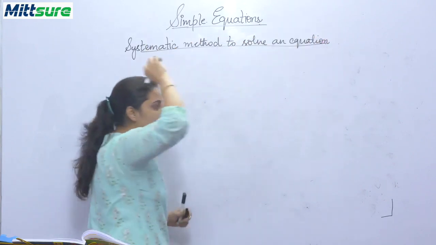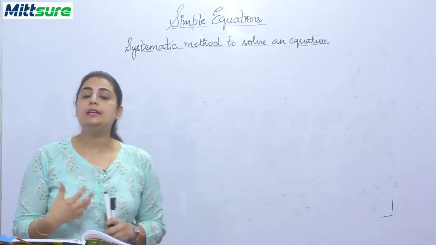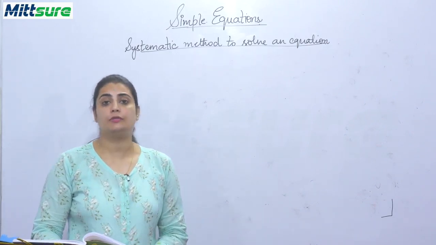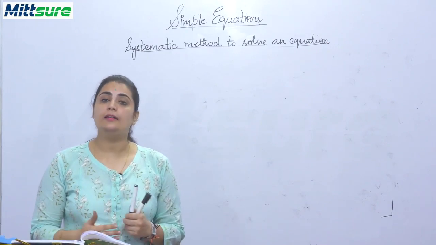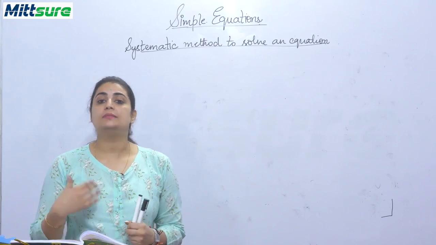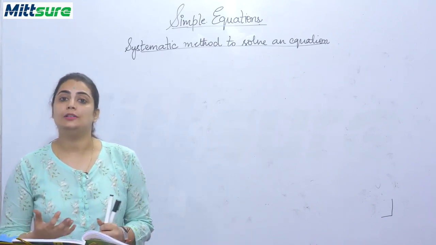Now, previously we have learnt about the trial and error method. Now, what is the drawback of using that method to find out the solution of the given equation? That there we need to put separately the value of x many times. That increases the load of calculations, right?